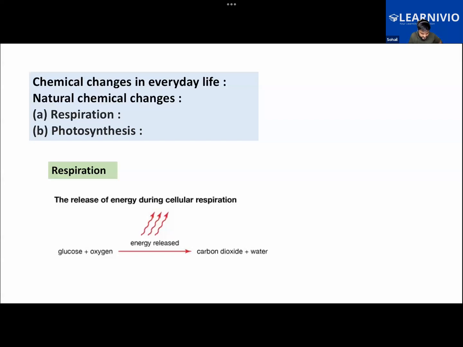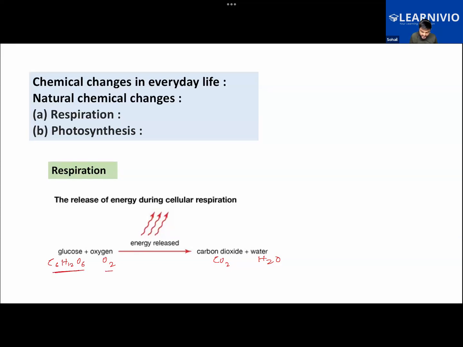So here, glucose has been broken down. Glucose is C6H12O6. This is the chemical formula of glucose. That is oxygen. So in the process, carbon dioxide plus water is formed. The original reactants we had were glucose and oxygen.